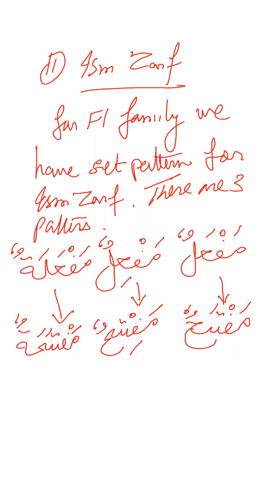Okay, so just learn the scales, and you know that ism zarf has three scales in family 1 in the small six families. Although these three words are different from each other, they mean the same thing, so anyone can come. That's why we should know all three scales: maf'alun, maf'ilun, and maf'alatun. The ain kalima changes the harakat, and in the last one we add a ta marbuta. Is this clear? Yes.